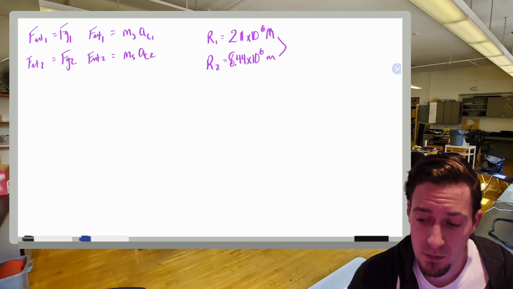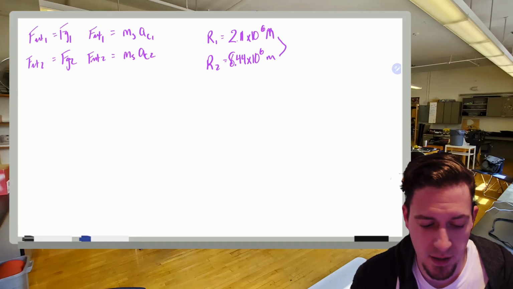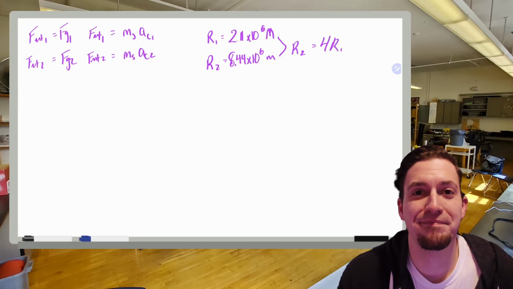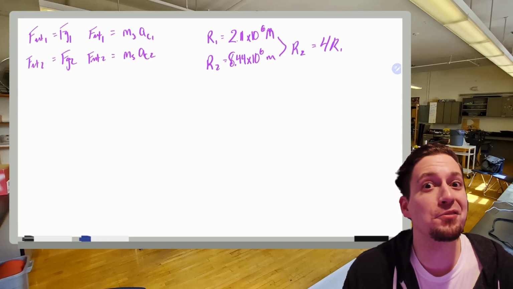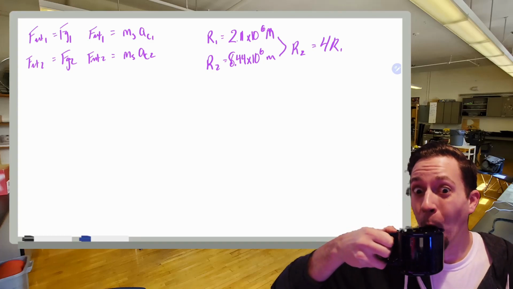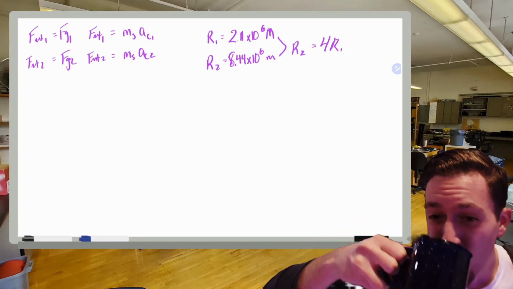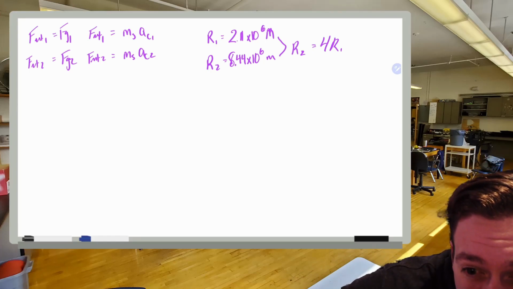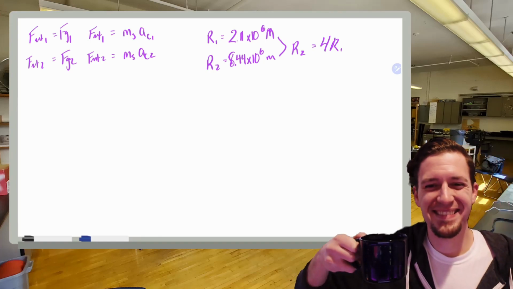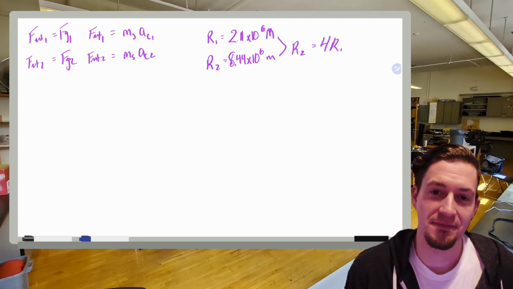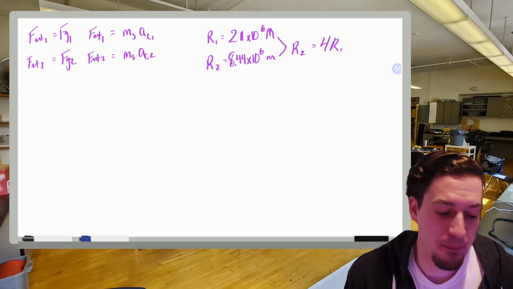How interesting that R2 is actually 4 times R1. How suspicious that it's exactly 4 times. It's not suspicious. That's the point of the problem.